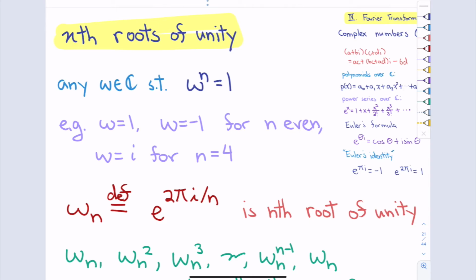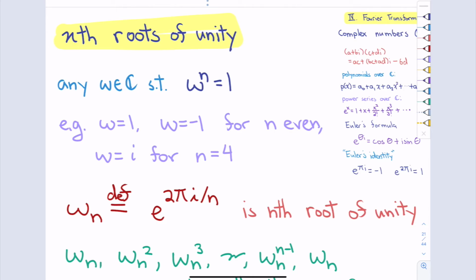Because -1 squared is 1, -1 to the 4th is 1, -1 to the 100 is 1, -1 to the 101 is -1. Imaginary i is a 4th root of unity, because i to the 4th is the same as i squared times i squared. i squared is -1, so -1 times -1 gets you 1.